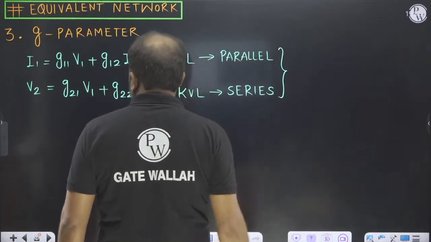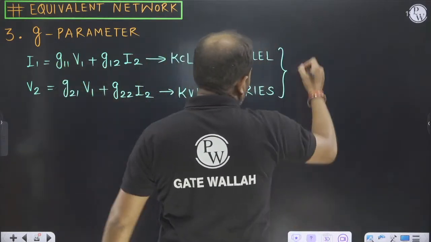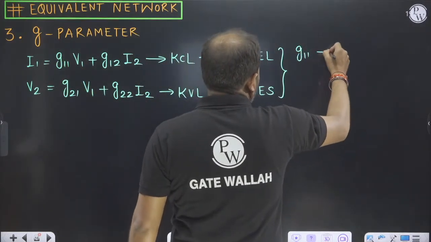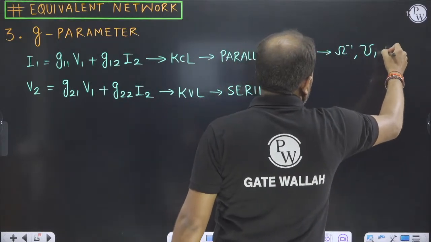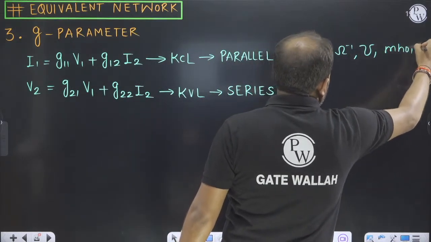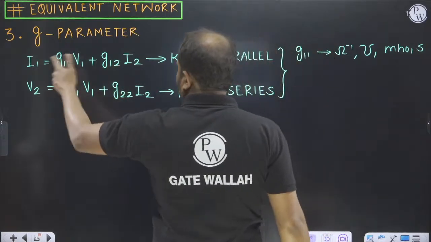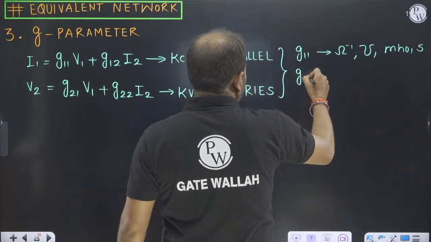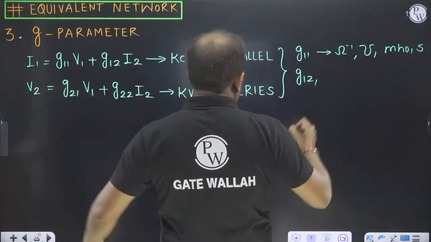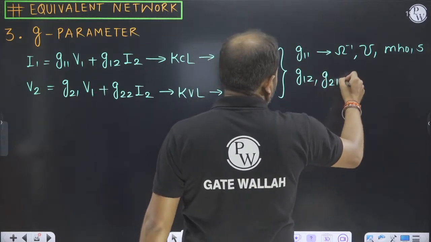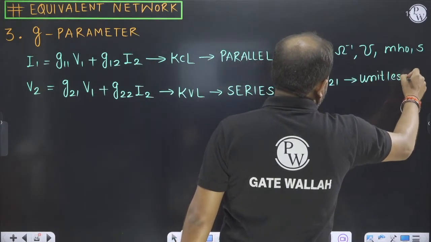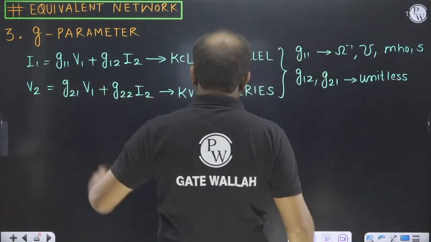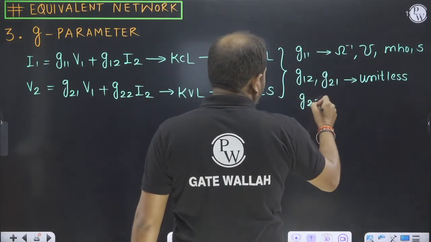Units: G11 is I1 upon V1, per ohm, ohm inverse, mho. G12 is I1 upon I2, unitless. G21 is V1 upon V2, unitless. G22 is V2 upon I2, so it is impedance.